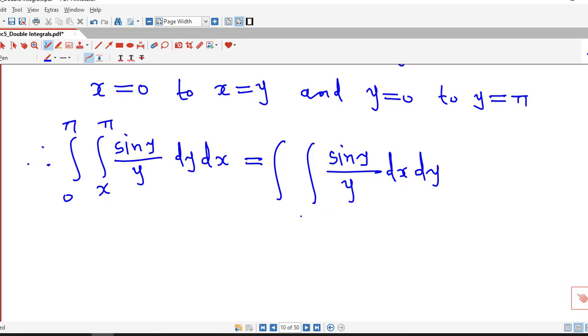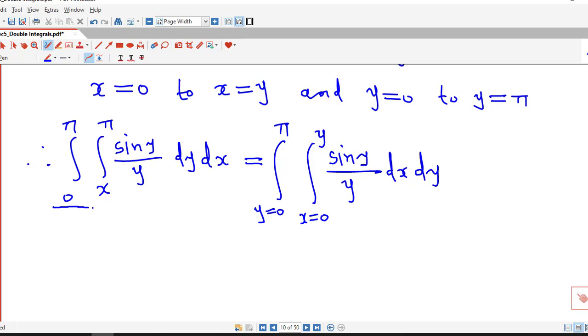So now here limits are from x equal to 0 to x equal to y, and y is from 0 to pi. And by Fubini's theorem, the value of both the integrals is the same. We know that the order of integration does not matter. If we integrate with respect to y first or with respect to x first, the value of the double integral remains as it is.